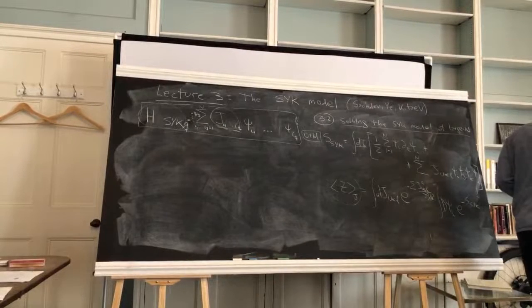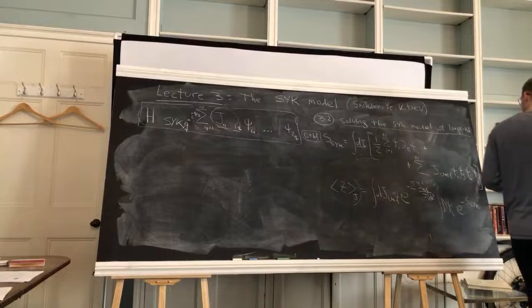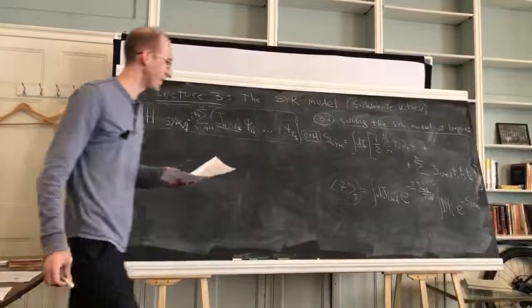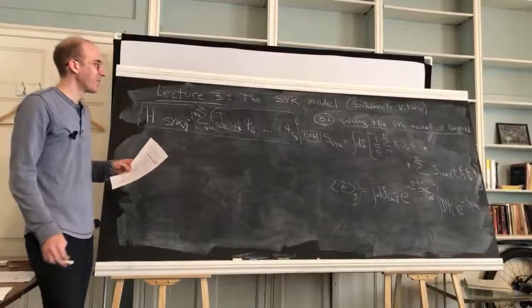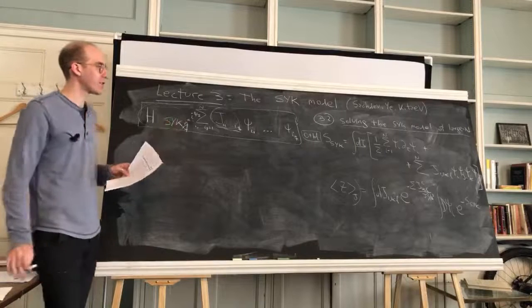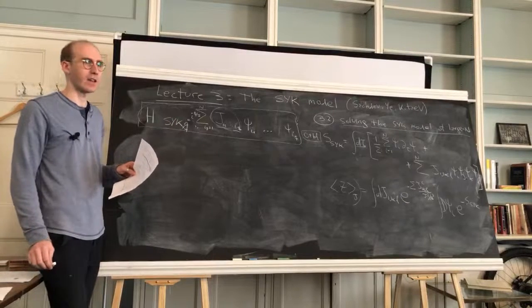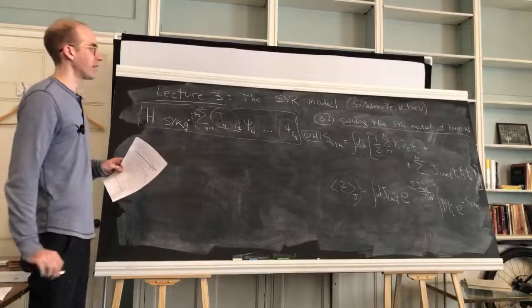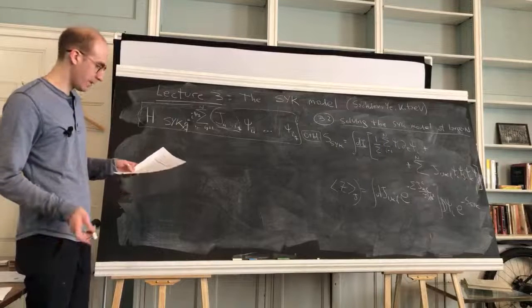How am I doing? It's hard to read this thing. Yeah, I'm running way behind. But I will try to sketch that computation because I think it's a nice calculation to do from the path integral perspective.